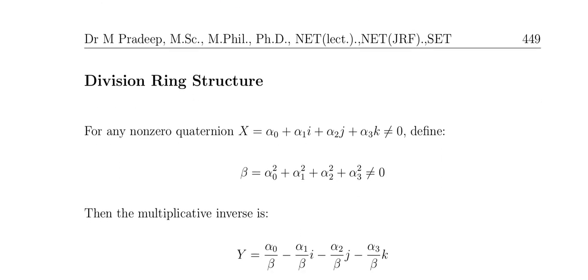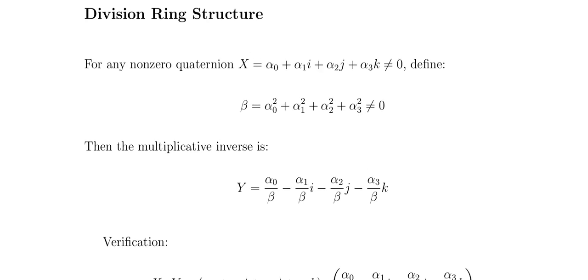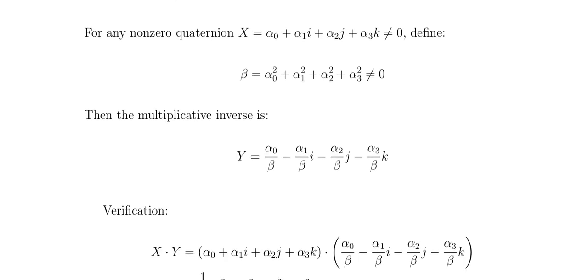And the division ring structure: for any non-zero quaternion x, take beta as its norm. Define its multiplicative inverse y as alpha naught by beta, minus alpha 1 by beta i, minus alpha 2 by beta j, minus alpha 3 by beta k.